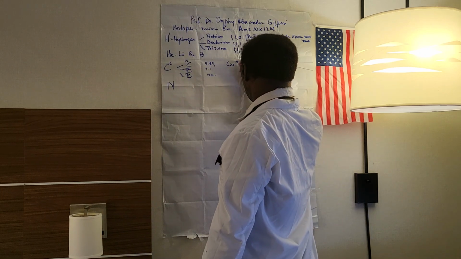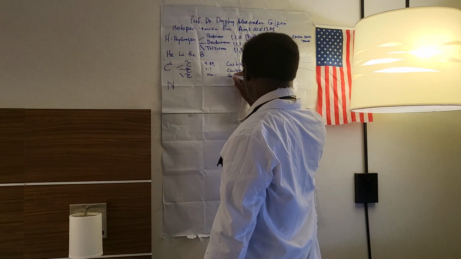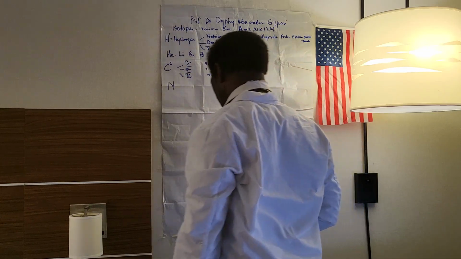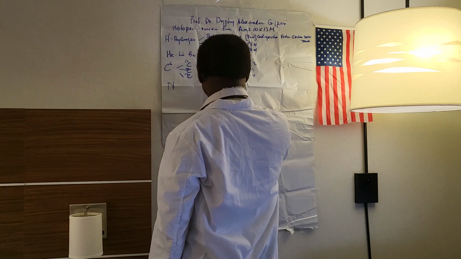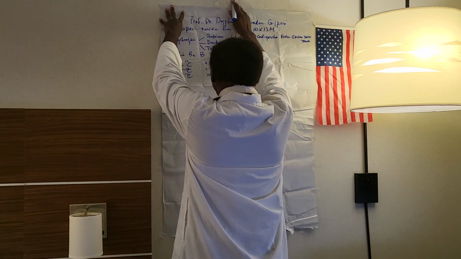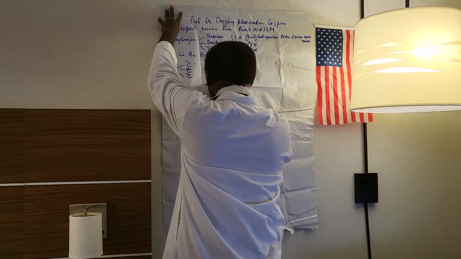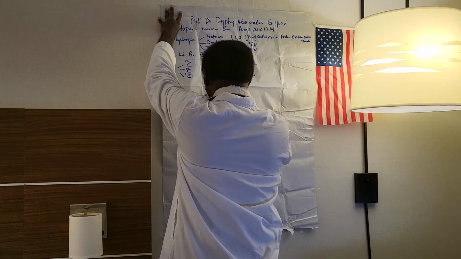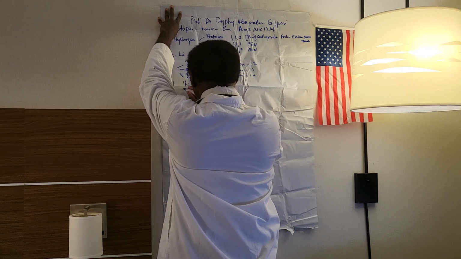This is carbon 12, carbon 13, 14, and for nitrogen we look at abundance, which would be 99.63, 0.37, and nitrogen 14 and 15.